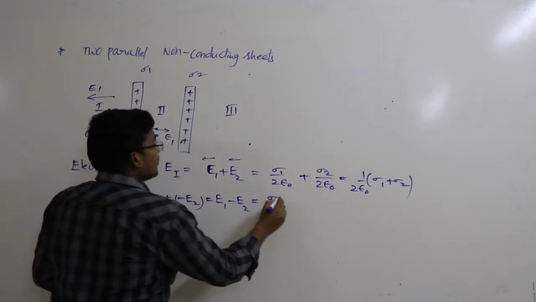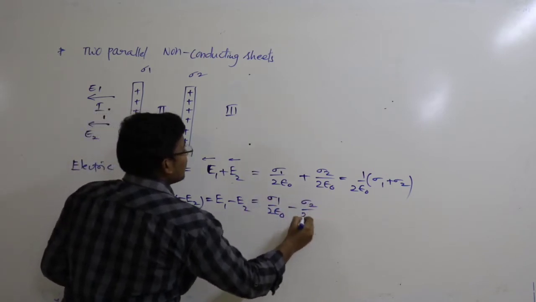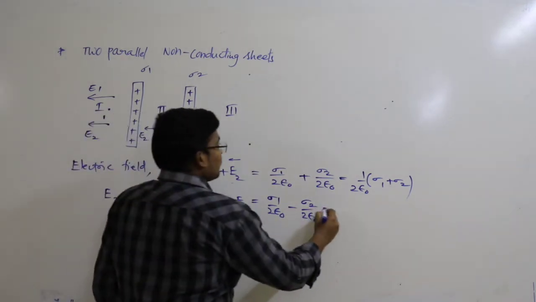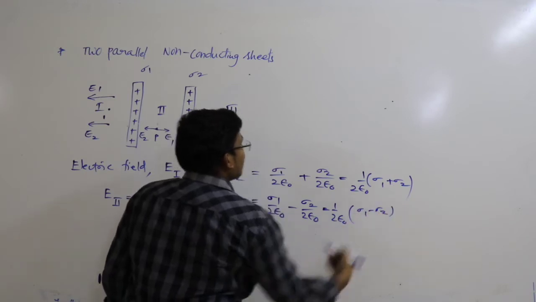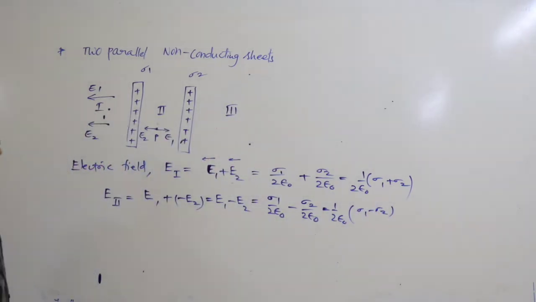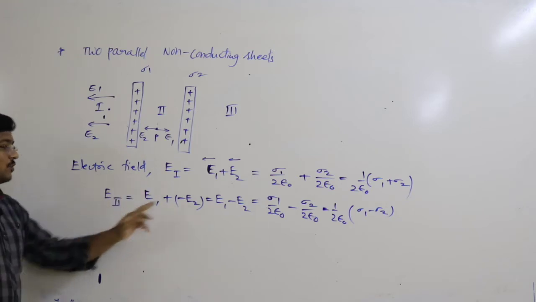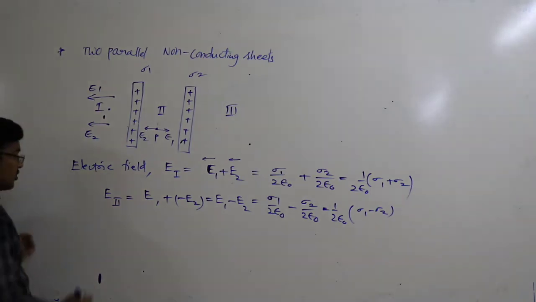We know already, sigma 1 by 2 epsilon naught minus sigma 2 by 2 epsilon naught. Taking 2 epsilon naught common, so sigma 1 minus sigma 2. Here the field E2 will be the difference of the charge densities by 2 epsilon naught.